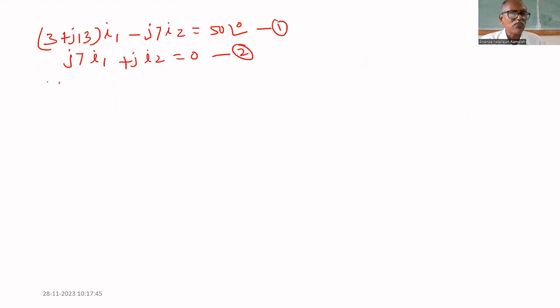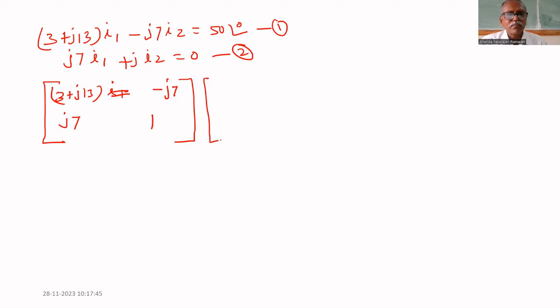If you put this in matrix form, you get [3 plus J13, minus J7; J7, J] times [I1; I2] equal to [50 angle 0; 0].